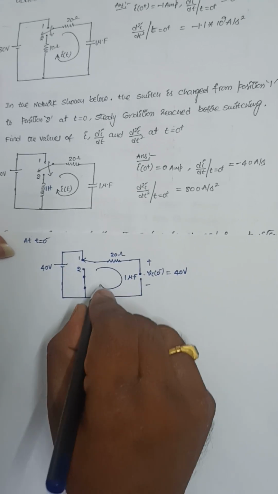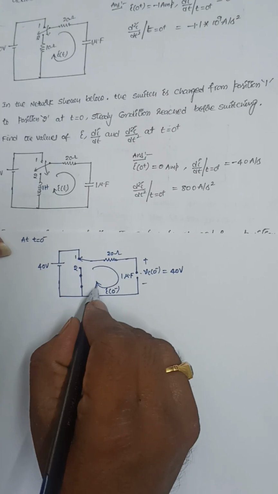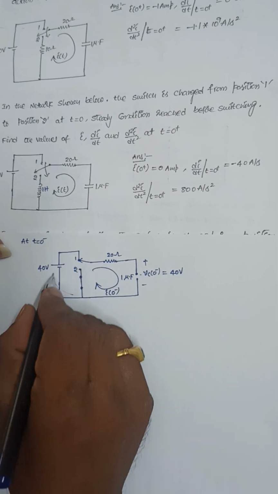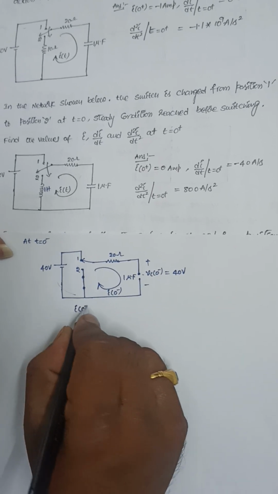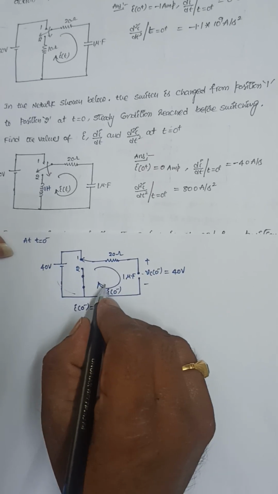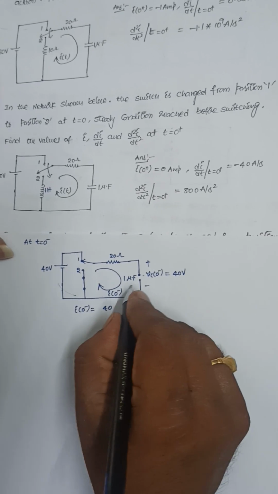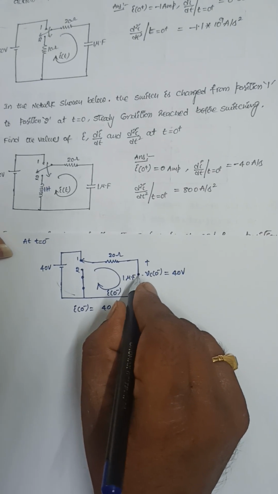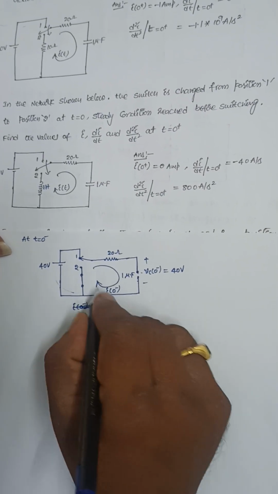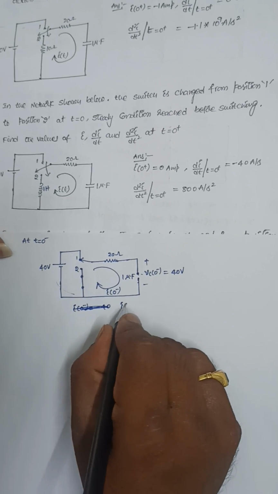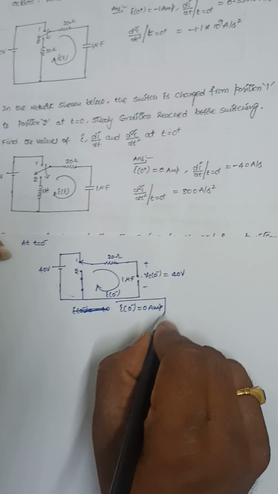The current that is circulating through this is i of 0 minus. Since it is open circuit here, no current is flowing through this, so i of 0 minus is equal to 0 amperes.